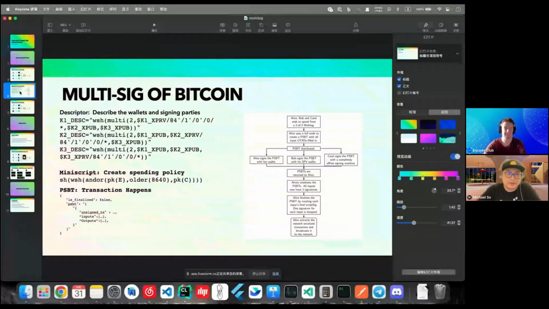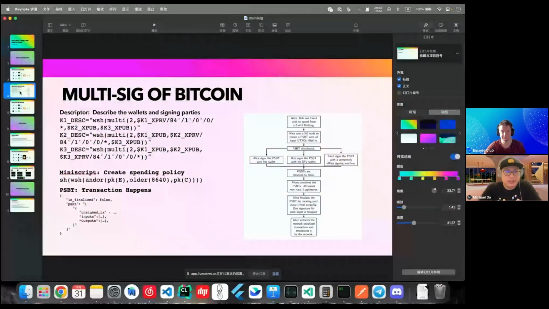Here we have a complex script saying that one key, after a certain number of blocks, can transact using another key. So there is a two-key transaction with a time lock on the block number. Using miniscript, you can describe the spending policy.